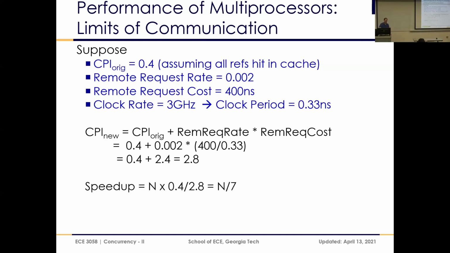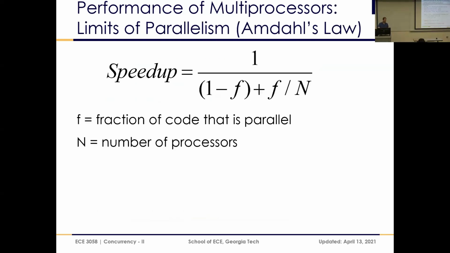So the speed up given n processors, we can see that we need 7 processors just to break even. Given this cost equation, which is the same cost equation that we were using for our cache structure. Does that make sense? Have we seen this before?